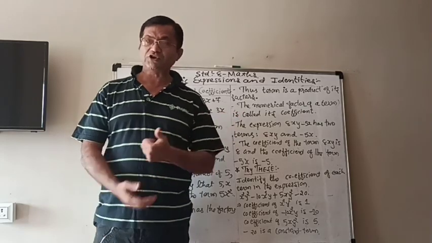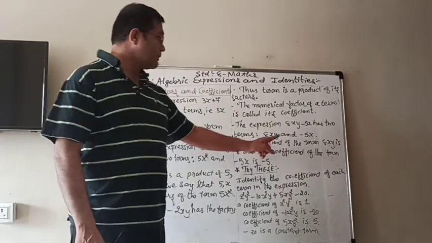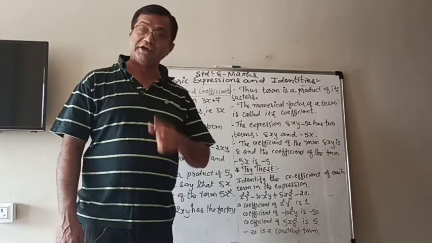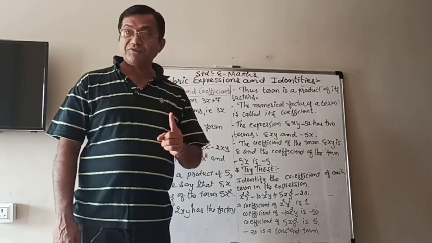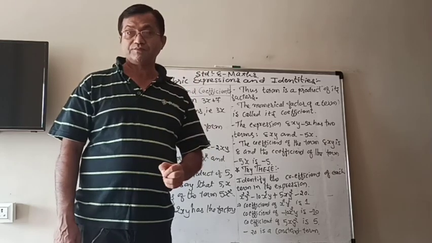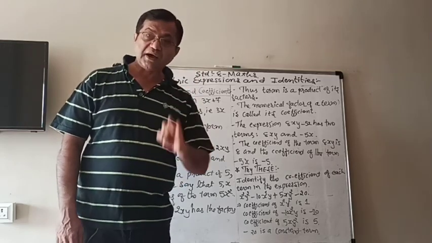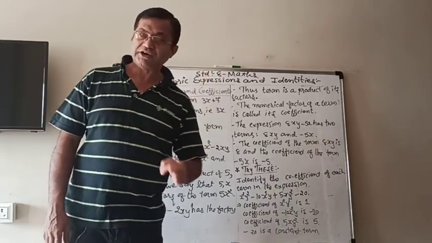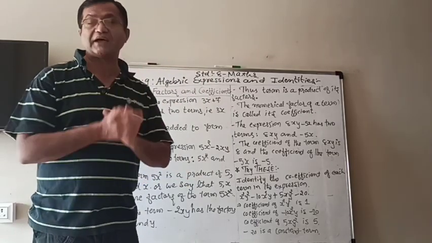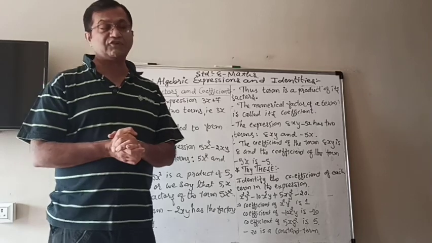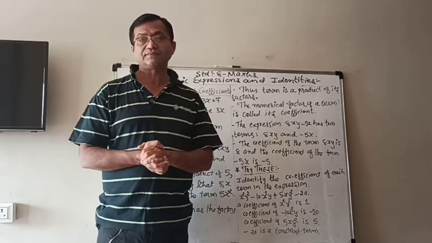So what is the coefficient of the second term? It is minus 5. Here also don't write down 5. Coefficient is minus 5. So whenever you write the terms or the coefficient of the terms, be careful about the sign, because that will take your lots of marks.